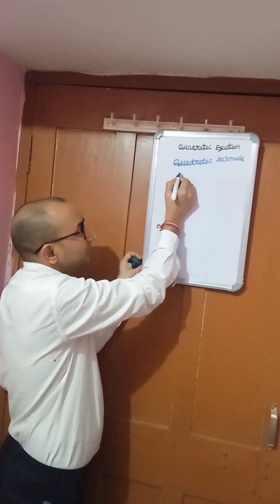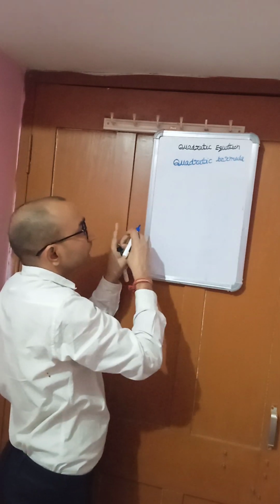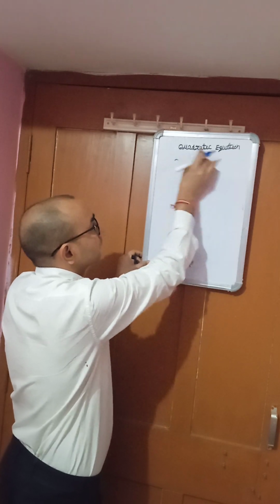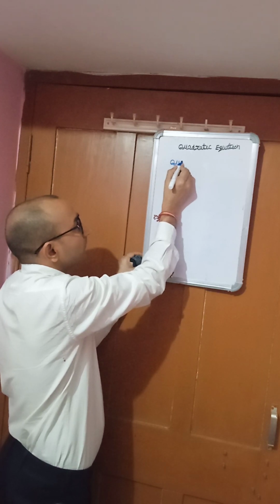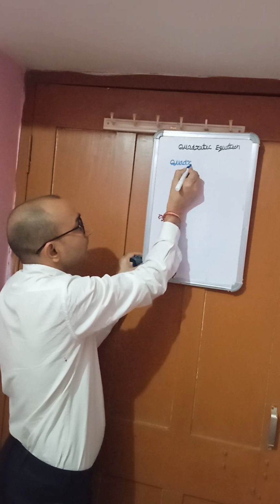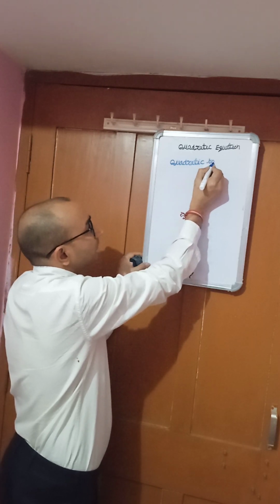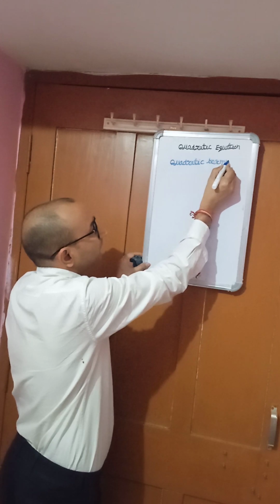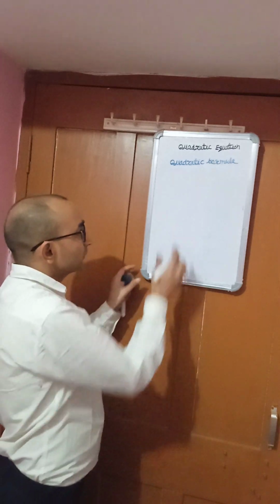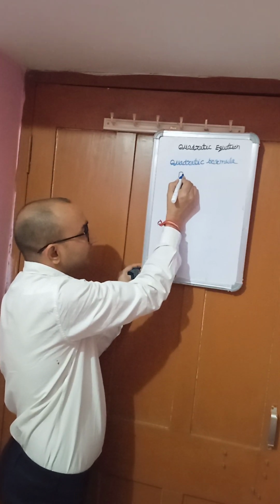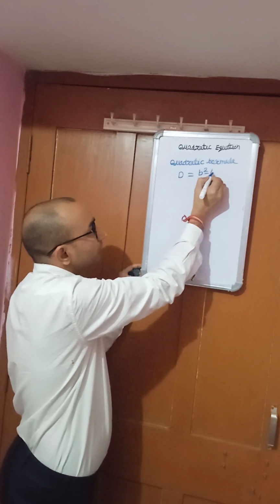Quadratic formula method. Okay. So first of all we have to find the discriminant. Discriminant equals b square minus 4ac.